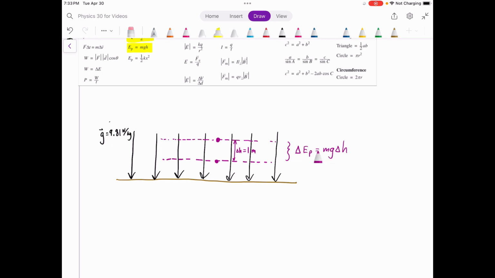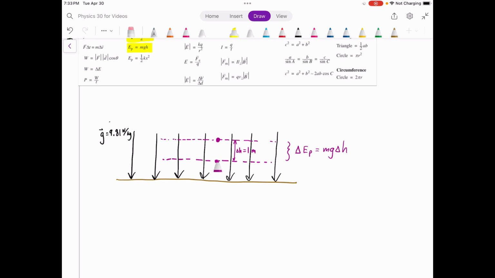The only reason we can't talk about how much gravitational potential energy an object would gain or lose by moving between these two positions is that objects of different mass would gain or lose a different amount of potential energy, right? If it has 1 kilogram of mass, it'll gain half as much potential energy as a 2 kilogram mass would from going here to here.